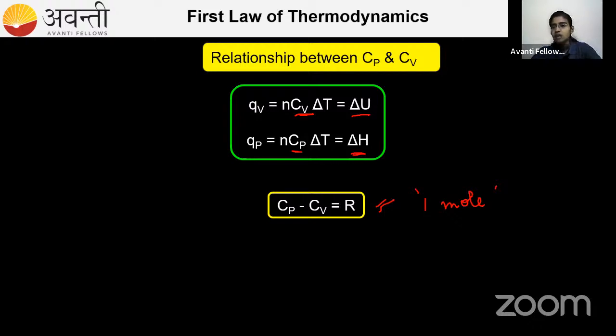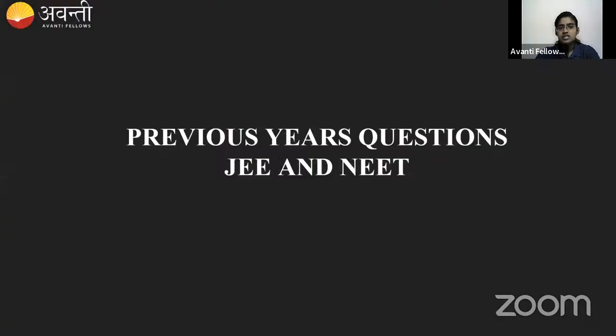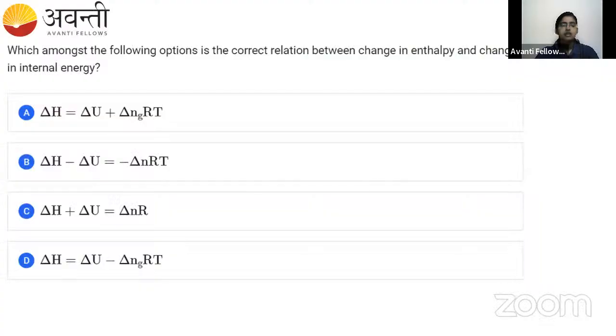Now we will solve some previous year's questions of JEE and NEET related to the topics that we have discussed. So let's start with the first question. Which among the following options is the correct relation between change in enthalpy and change in internal energy? So just now we have seen, right?